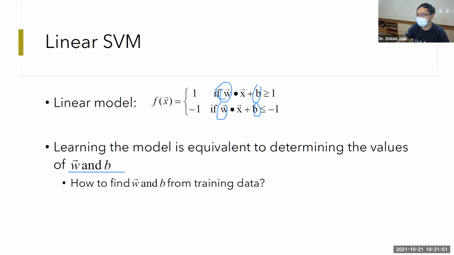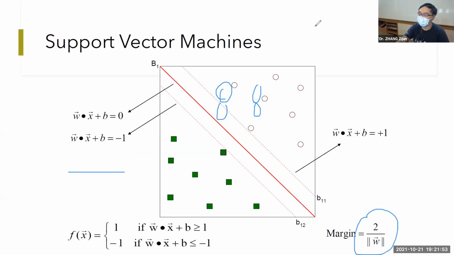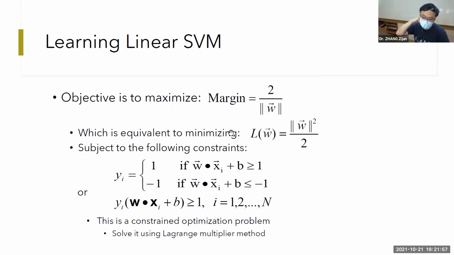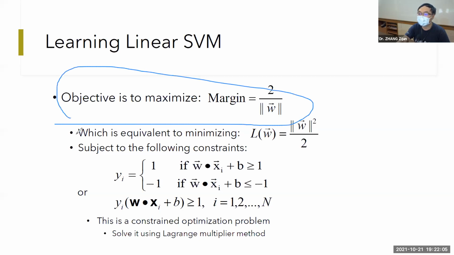You can see the margin is here. We want to maximize the margin based on this value. Then learning a linear support vector machine is equivalent to maximizing this margin.